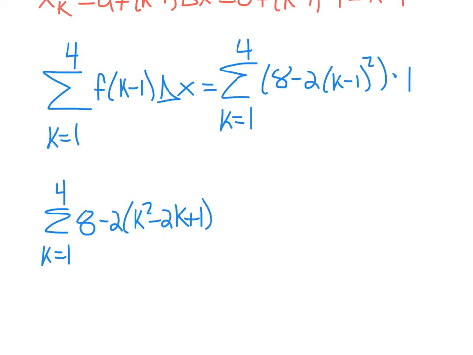And then I'll just move the 1 out front here. It's irrelevant, right? But just keep in mind that we do have a base that we would need to multiply this all by.